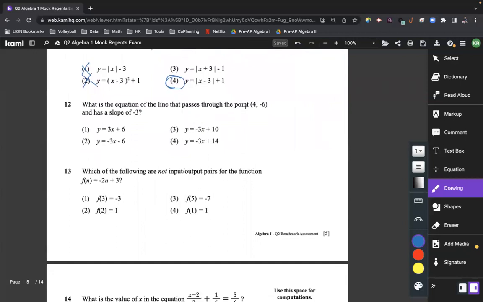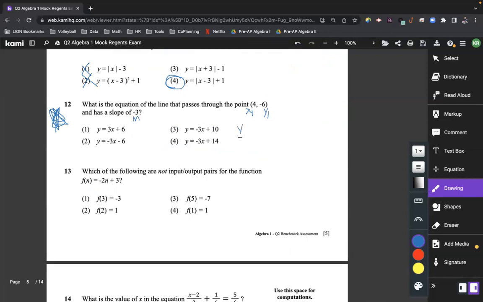What is the equation of a line that passes through the point (4, -6) and has a slope of -3? So I will take full credit for this. Everyone got a point for this question. I made a typo when putting the answer choices in. So this is my x1, this is my y1, and this is my slope.